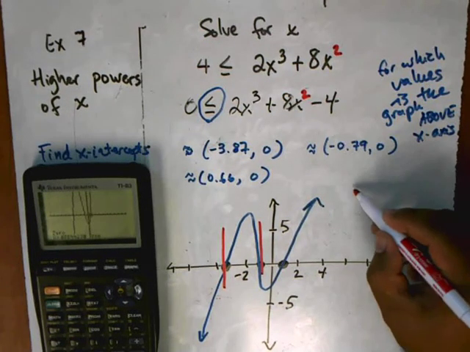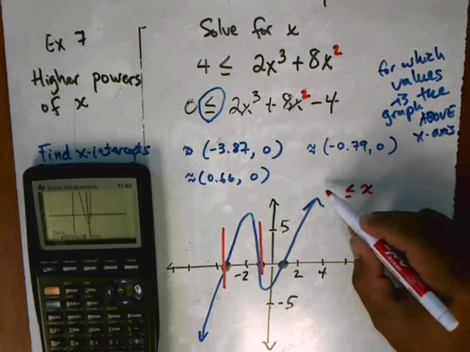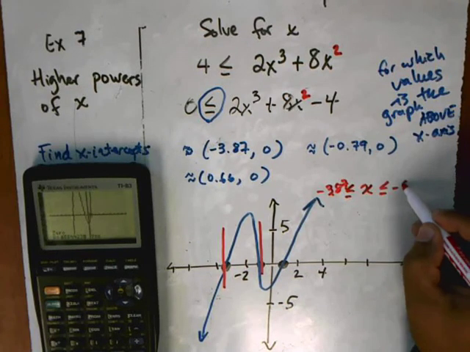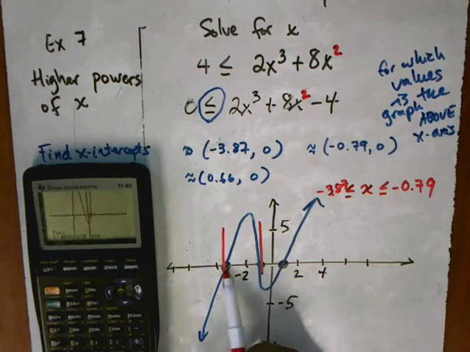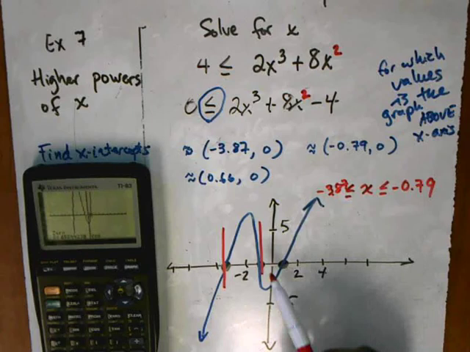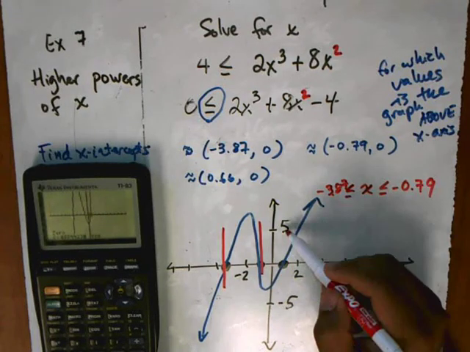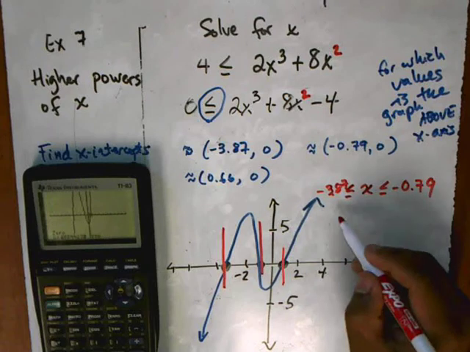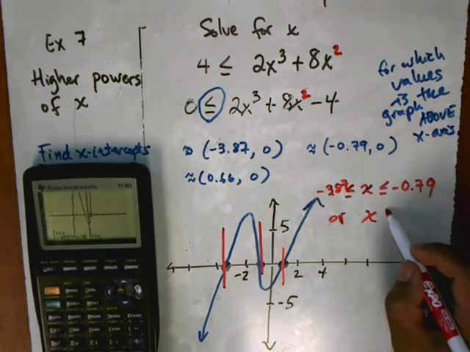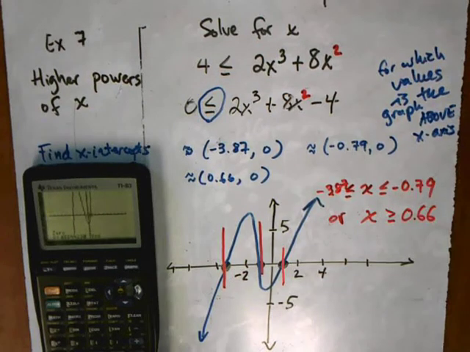So one solution is that x has to be between about negative 3.87 and negative 0.79. Between these 2 intercepts, the graph is above the x-axis, and then it goes down below the x-axis, and it goes up again right after it passes this point here, or x is greater than or equal to 0.66.